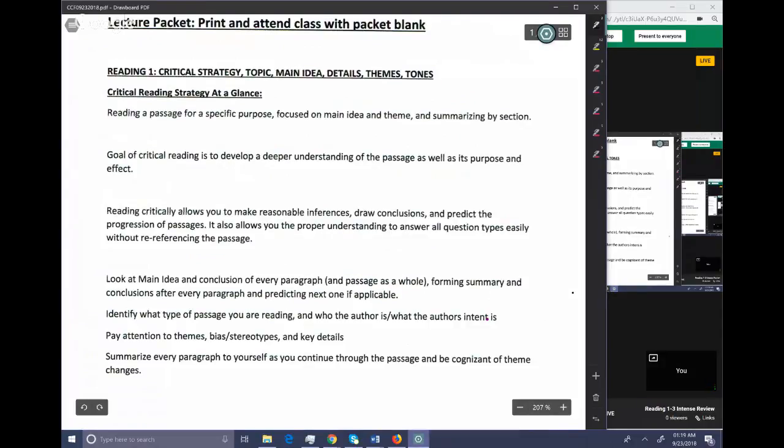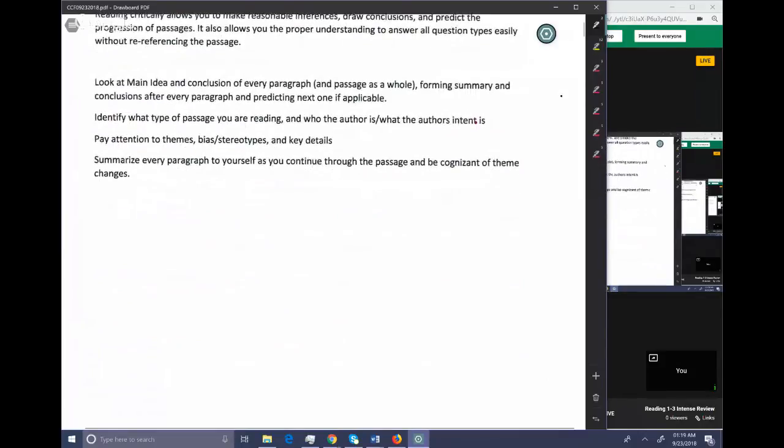what the passage is. So as a reminder from when we did this in class, a really good way to get used to structure, if you're having trouble with critical strategy at all, is to think, well, what if I wrote essays? What if I was this person that was writing these passages? And come up with topics and come up with main ideas.